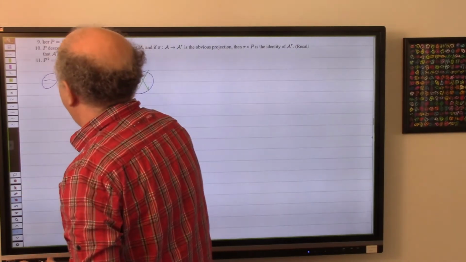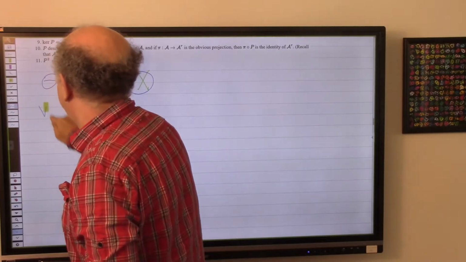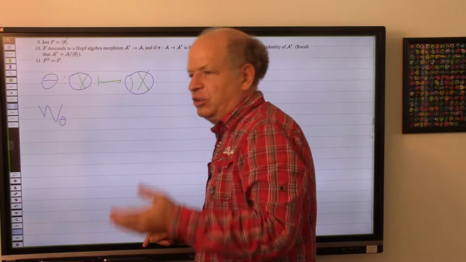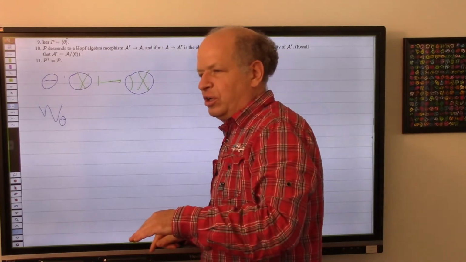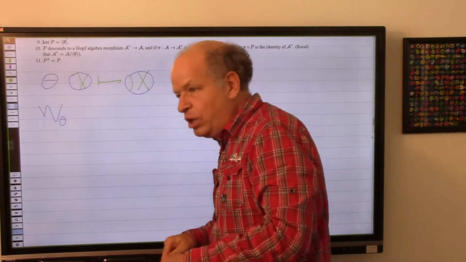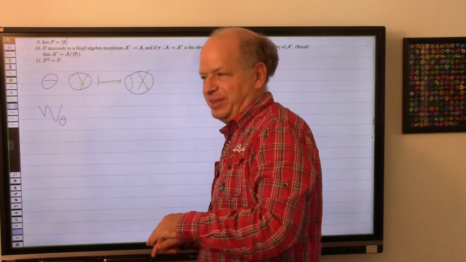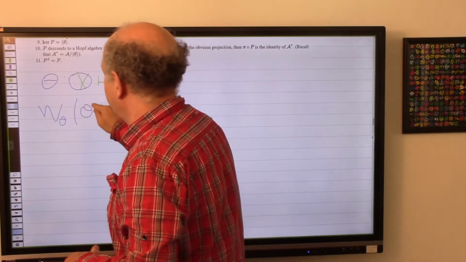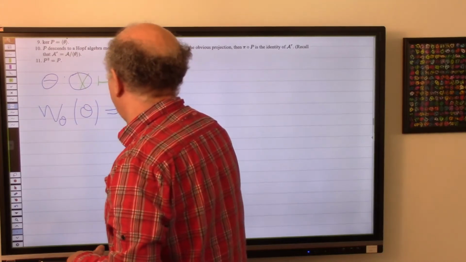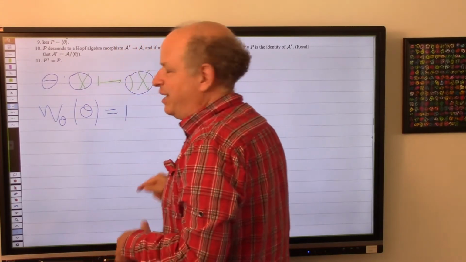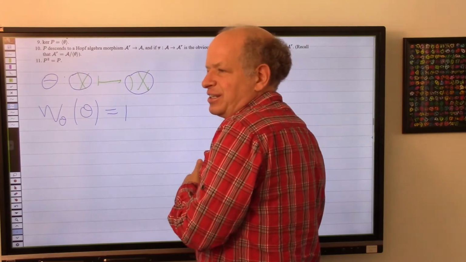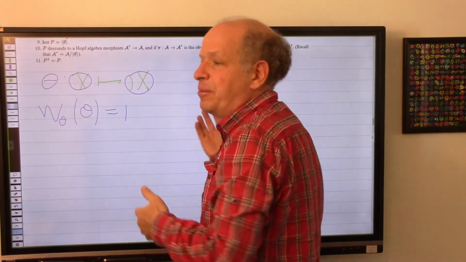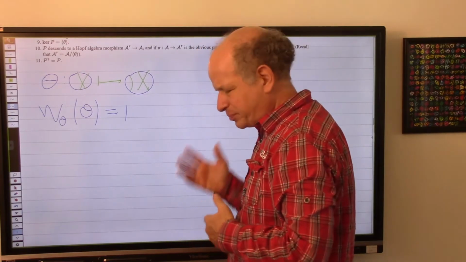So, what is w theta? w theta is the dual of theta. It should satisfy that w theta of theta is equal to 1, and w theta of any other basis element should be 0.